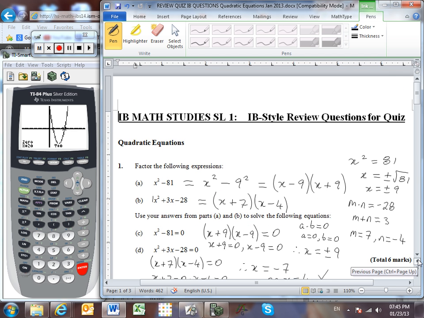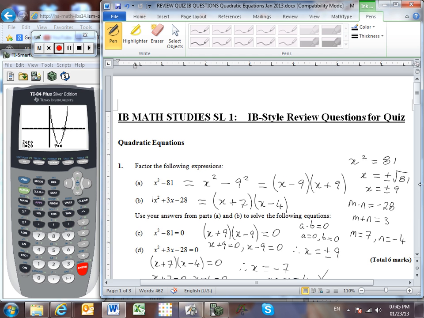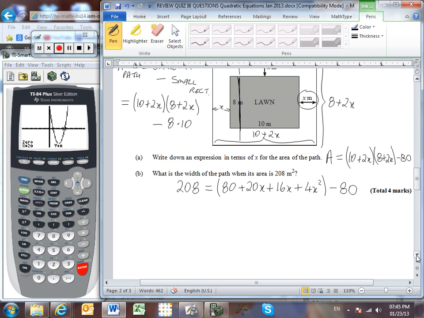So let's get rid of those parentheses. And so I've got then 208 equals, so this is a positive 80, and it's going to cancel with this negative 80. So I'm left then with only 4x squared and a total of 36x.